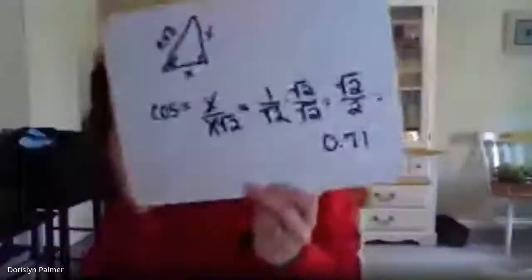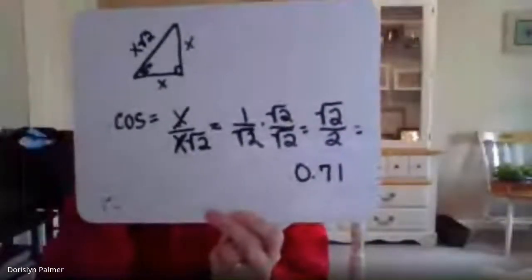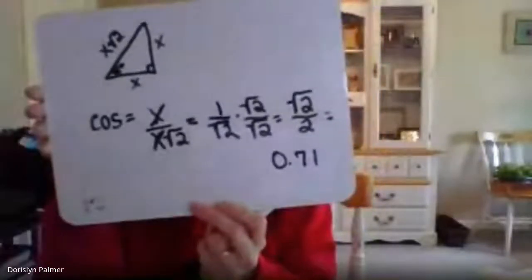Okay, square root of 2 divided by 2 to the nearest hundredth. Brian, what did you get? 0.71. Good.